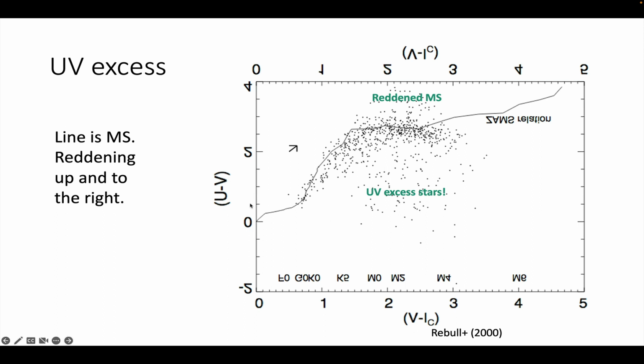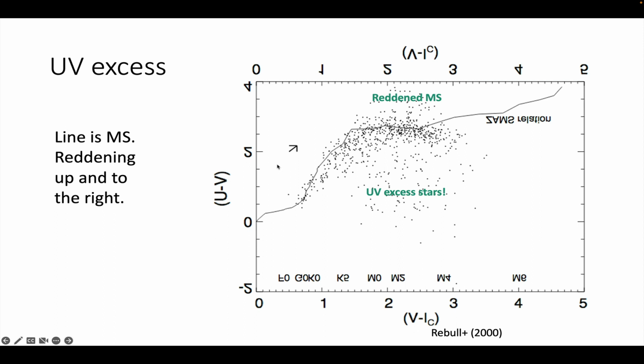Okay. This solid line is where the main sequence is. In other words, this is where stars without dust who are just newly igniting hydrogen should be. And you can see that I've got a clump of stars hovering around that line, which is good. The reddening vector, remember reddening?